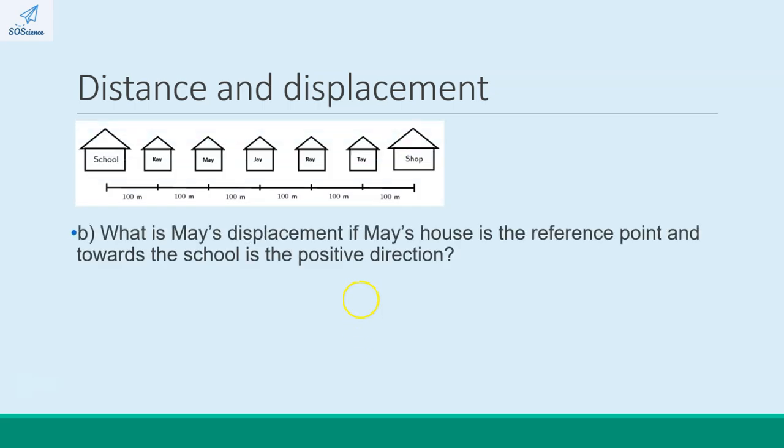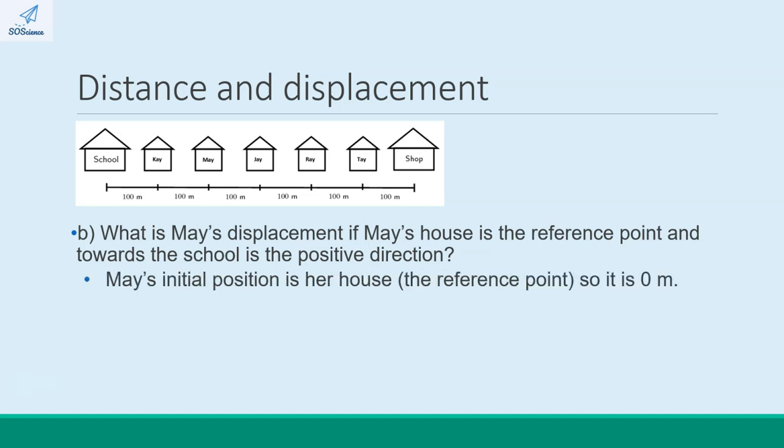Now, what is May's displacement if May's house is the reference point and towards the school or to the left is the positive direction? So here we only need to consider her initial position and her final position for the calculation. Now, May's initial position is her house because that's the reference point.